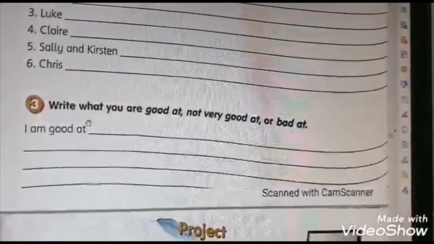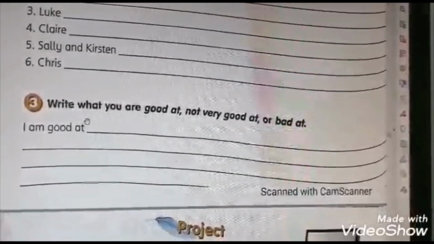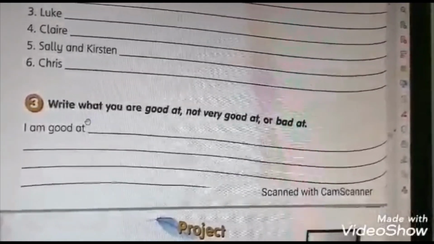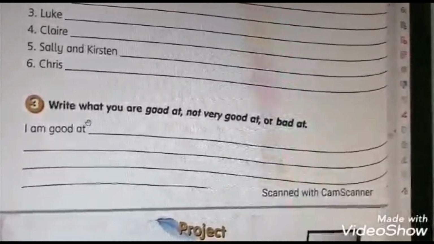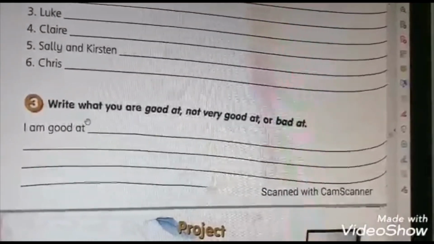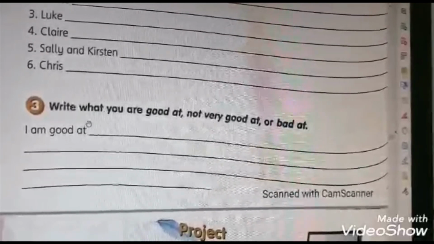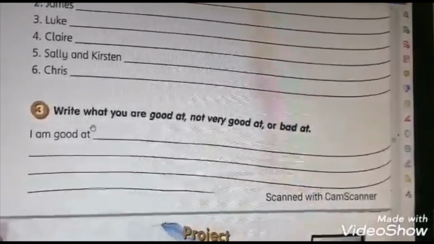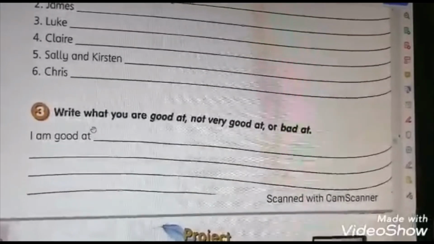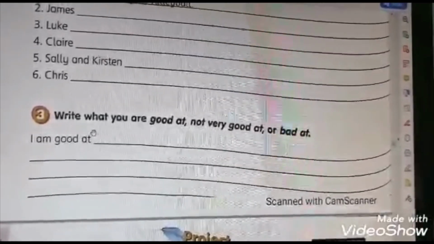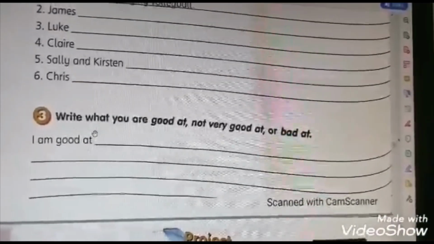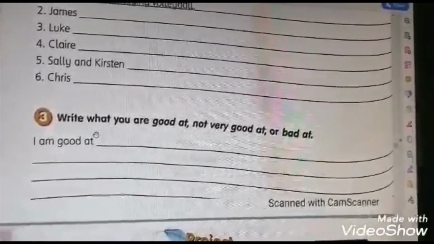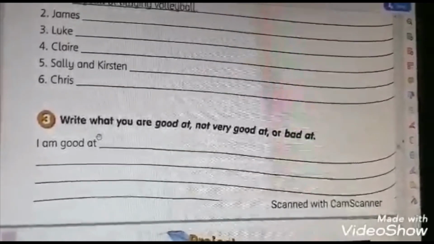Write what you are good at, not very good at, or bad at. So please write these examples according to your choice. Please do use these expressions. Practice, practice, practice. Practice makes perfect. So please do your homework, finish your task, and send me your pictures. Thank you. Bye. See you in the next lesson.